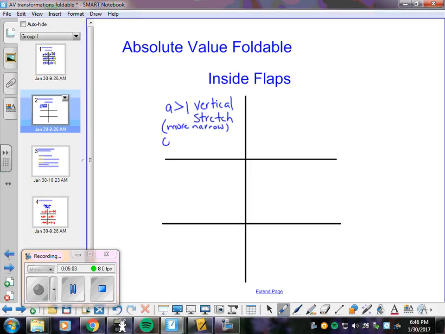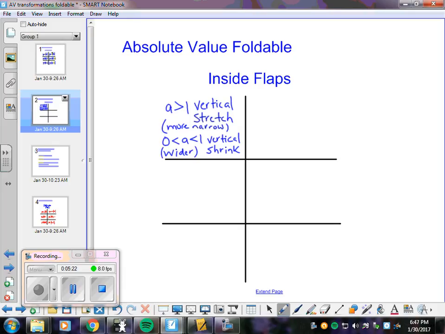If A falls between 0 and 1, it's a vertical shrink, and that gets wider. So if it's less than 1, it's wider.